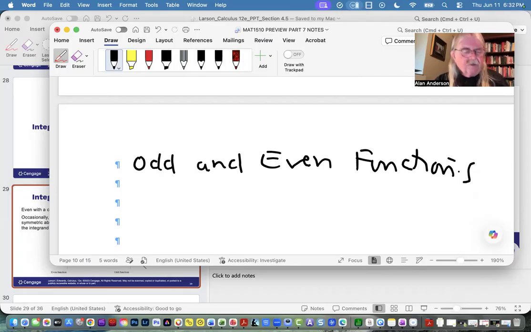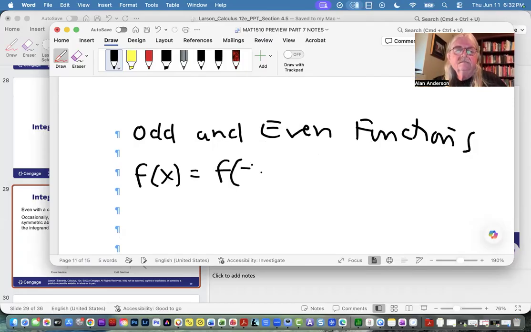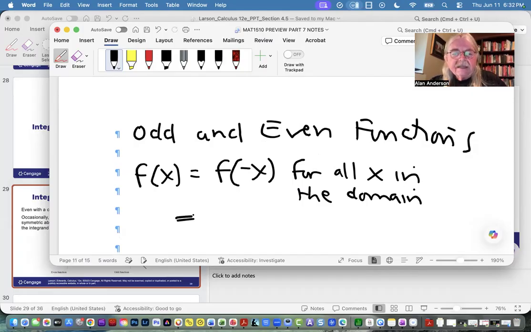Now first things first, not all functions are either odd or even. In fact, many of them are not. But in a case like this, the function is even.